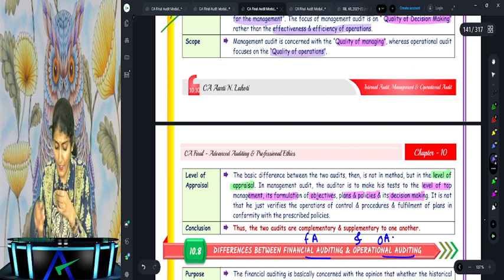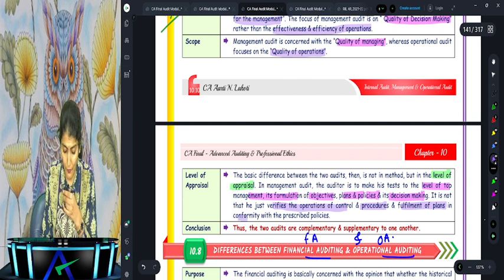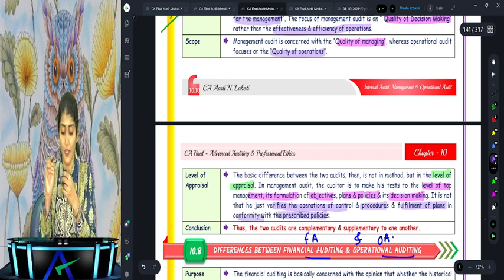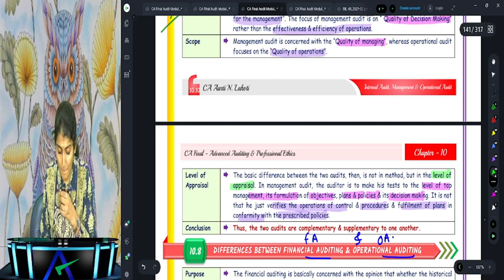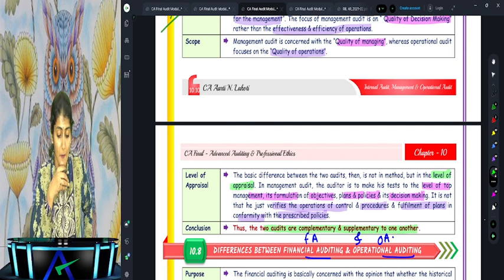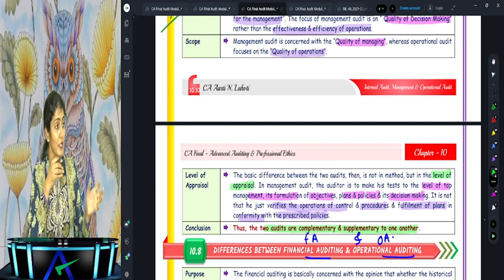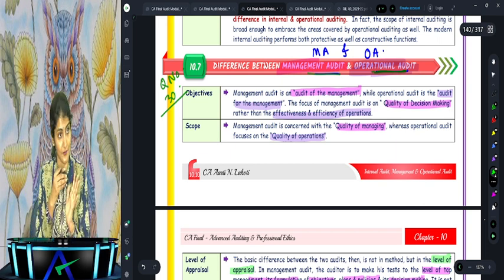That is done in the operational audit, which verifies the operation of controls and procedures and fulfillment of the plans in conformity with the prescribed policies. That is why these two audits are complementary and supplementary to one another. That is why the management audit and the operational audit are complementary and supplementary to one another.